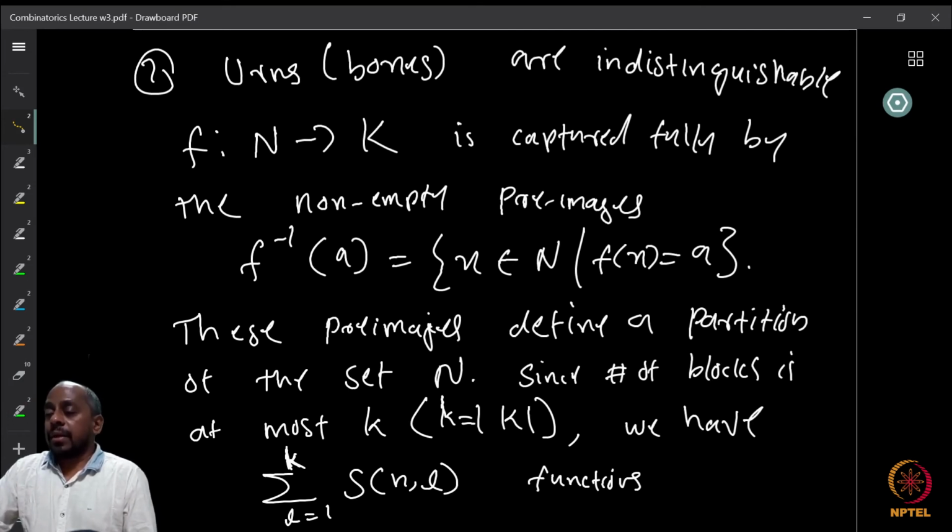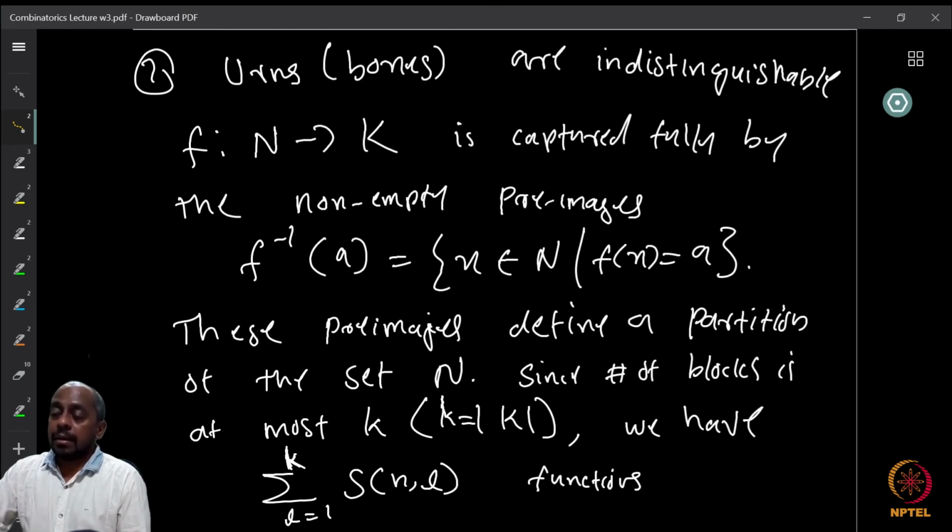if you look at the function going from n to k, this function is captured fully by the non-empty pre-images of the elements of k. So you take the elements of k and look at the non-empty pre-images. Some of them may not be mapped to anything, because the function is arbitrary.